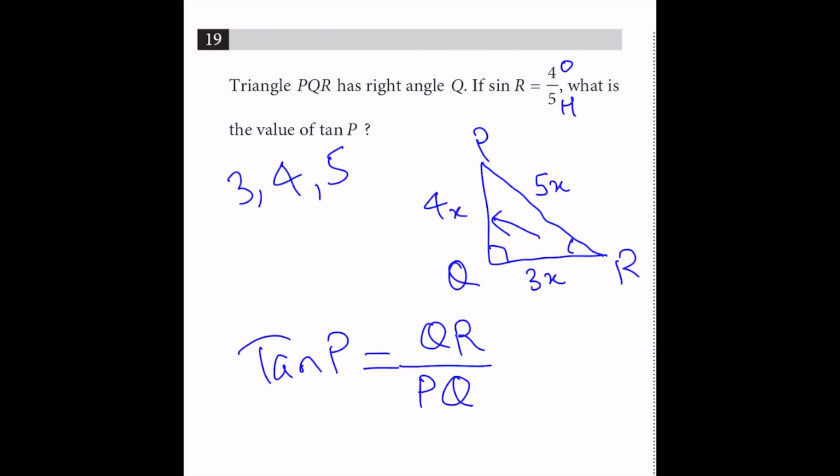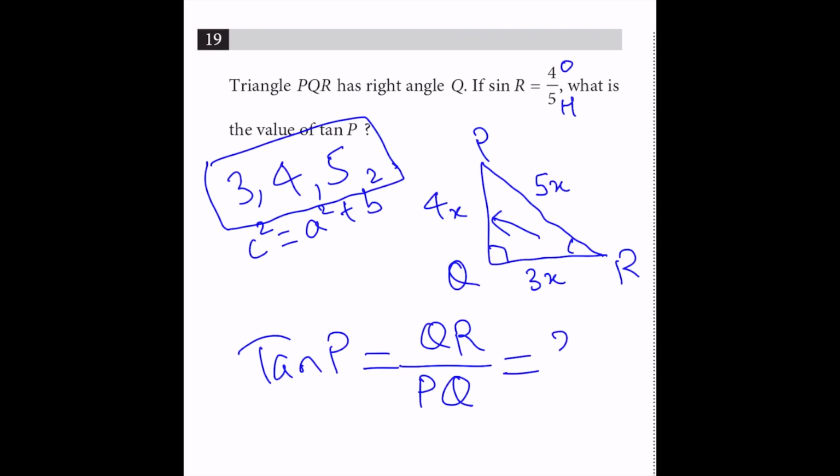You can also find this by using the Pythagorean theorem, which is c squared equals a squared plus b squared. But I would recommend knowing this triplet 3, 4, 5, which is very common in SAT math, which will help you solve problems like this. So with that 3x at QR, now we can do 3x over 4x here. So tan P is 3 over 4. So the answer is 3 over 4.